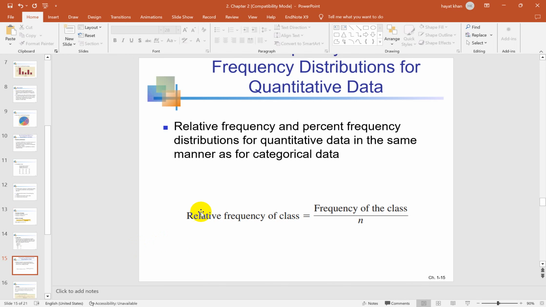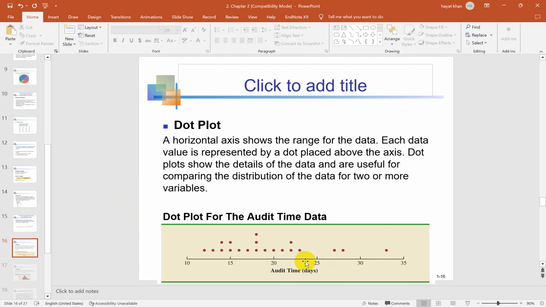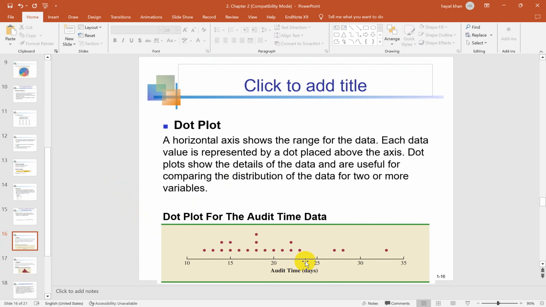We find the relative frequency and percent frequency distribution for quantitative data in the same manner as for categorical data. Relative frequency of the class is equal to the frequency of the class divided by n. Here is the dot plot. The horizontal axis shows the range of the data. Each data value is represented by a dot placed above the axis.